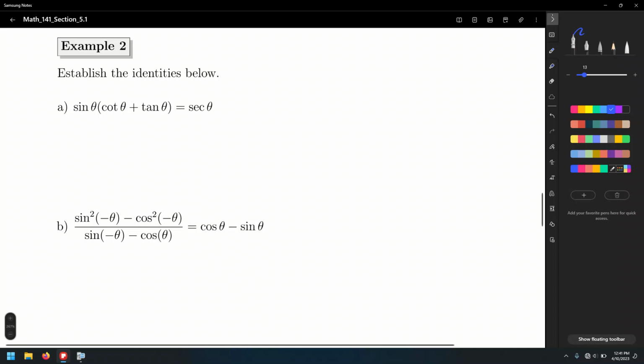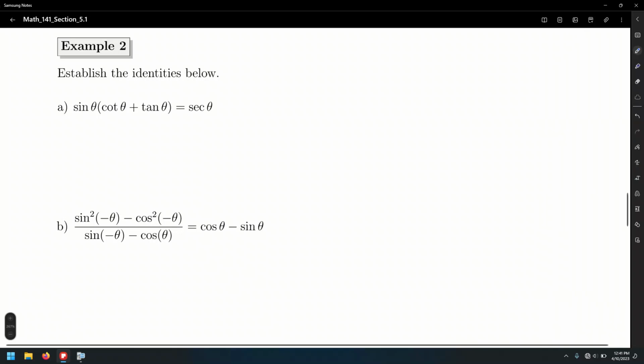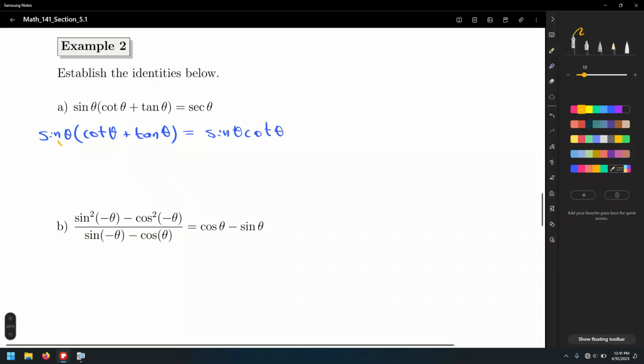So let's work on the left hand side for the first expression. Okay, I mean this for the first equation or identity. So sine theta times cotangent theta plus tangent theta, we can distribute the sine to get sine theta times cotangent theta, distribute over the tangent term, plus sine theta tangent theta.